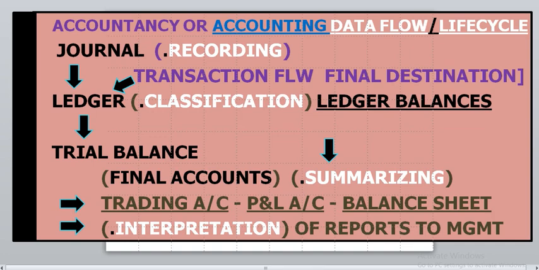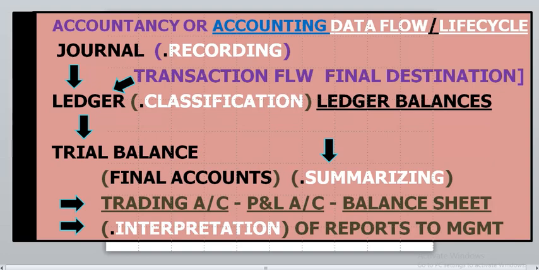Accountancy means recording, classifying and summarizing the business transactions which have a financial character and are expressed in terms of money, and interpreting the results or reports to the management. This is the definition of accountancy, in which the whole life cycle will fall. After recording the transactions, we will post them to the corresponding ledgers.